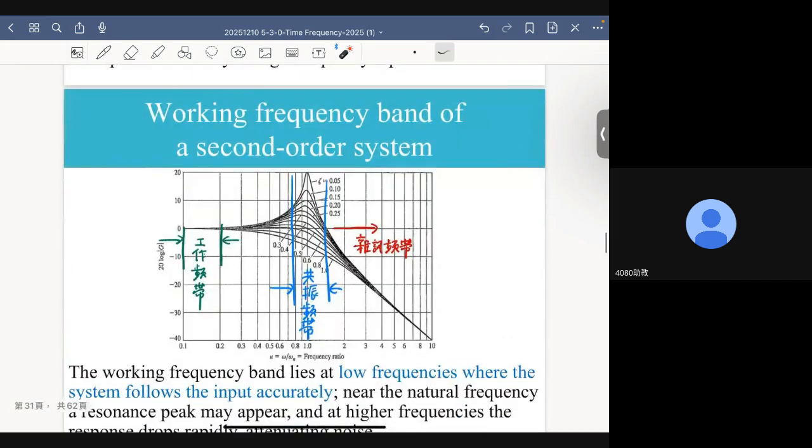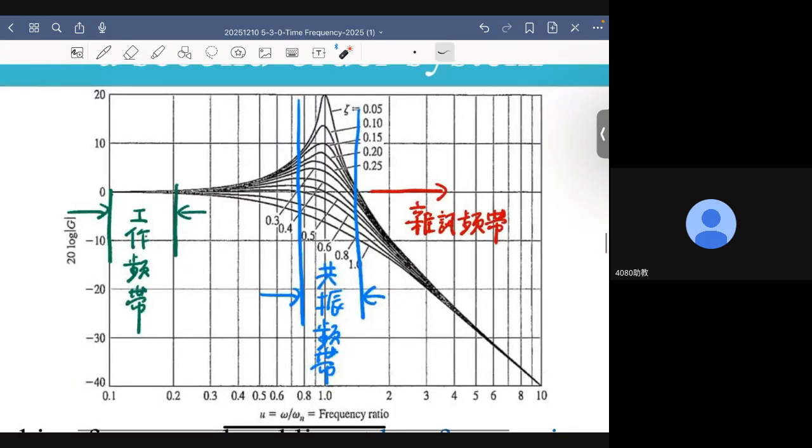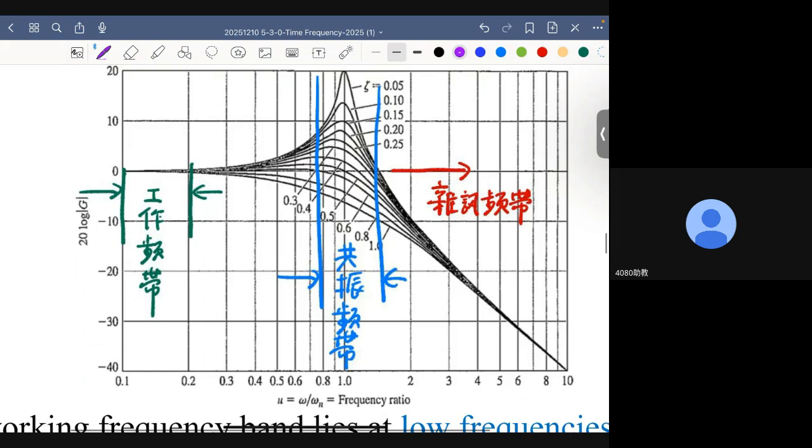All right? If I use the -3 dB definition to determine the bandwidth of such a second order system, then the bandwidth based on such a definition will look something like this.